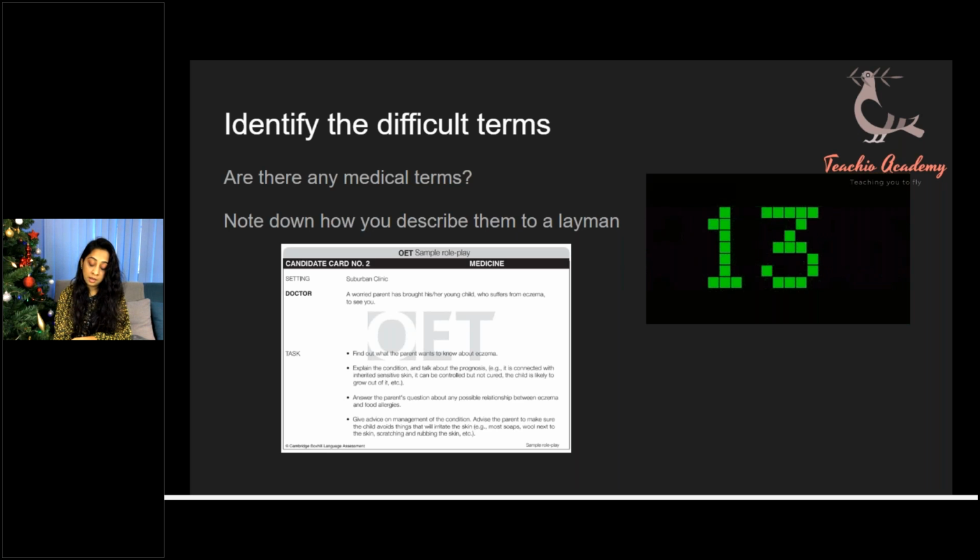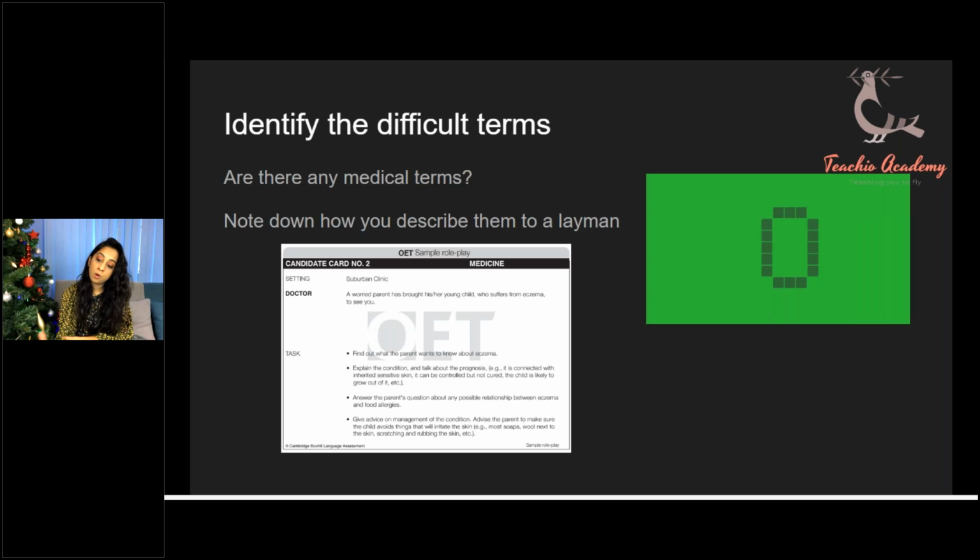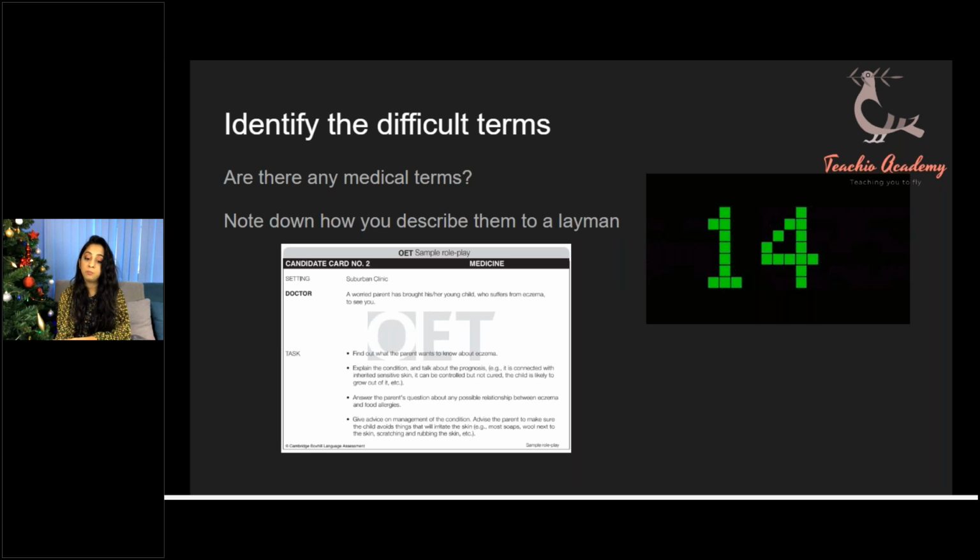Okay, then I would say, all right, now I'm going to talk to you about the prognosis of eczema. Prognosis basically means what the course of the disease would be, or whether we'll be able to treat the disease or how the disease might progress. Now, eczema itself is a condition which is not completely curable. So there's nothing which is going to reverse the fact that your child has eczema.